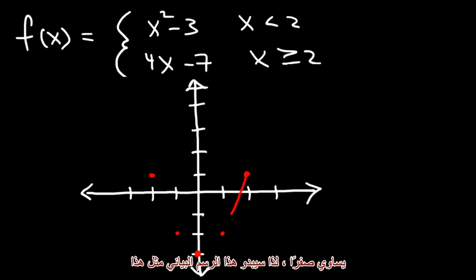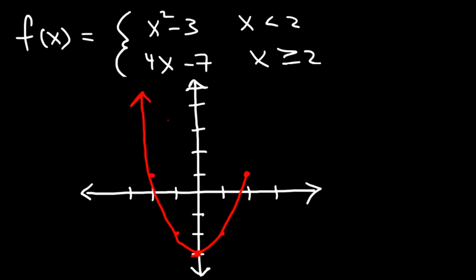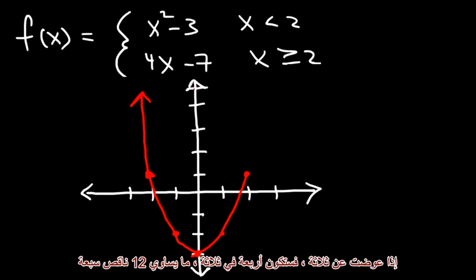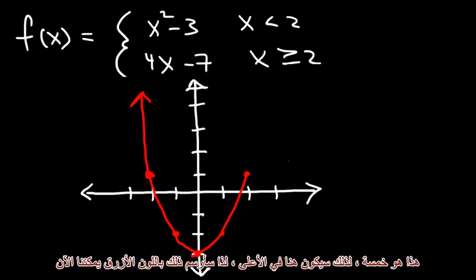So this graph is going to look something like this. Now, this one is going to be a straight line. So the next point, if we plug in 3, it's going to be 4 times 3, which is 12 minus 7, that's 5. So it's going to be up here. So I'm going to draw that in blue.